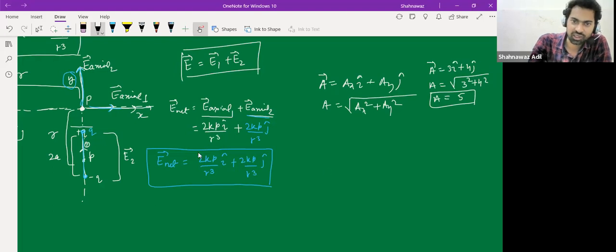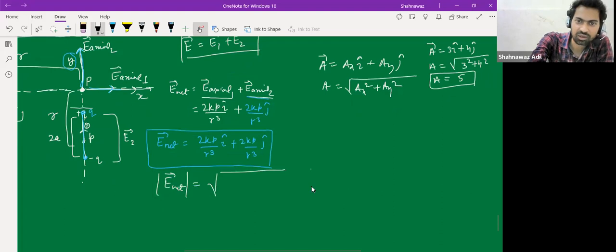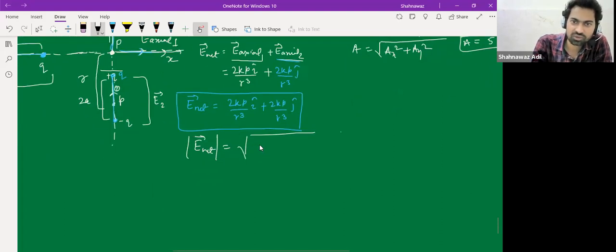We have an x component and a y component. So the magnitude of E net would be the root of this squared plus this squared: 2 kp by r cube squared plus 2 kp by r cube squared.